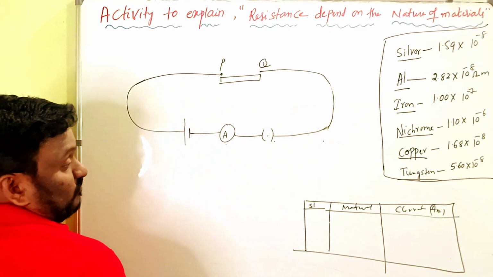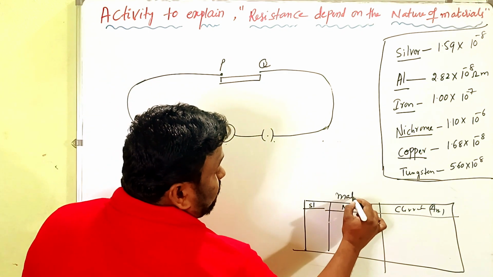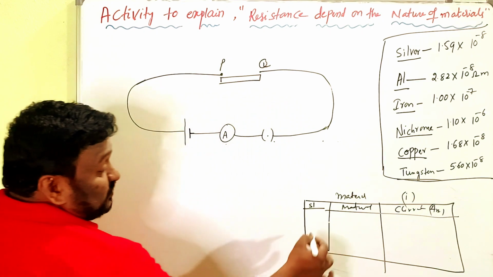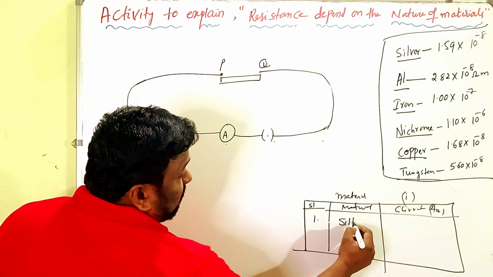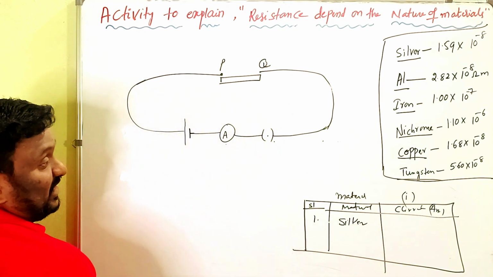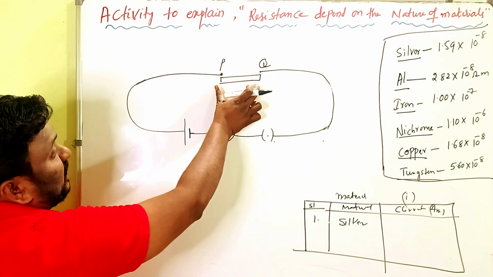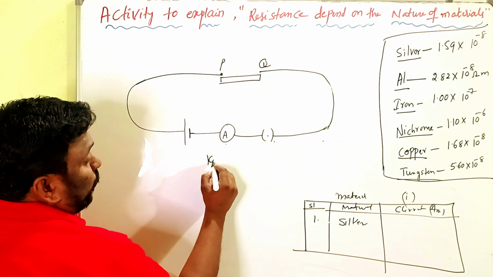First we take the silver wire, and it is connected between P and Q. After that the key is closed.